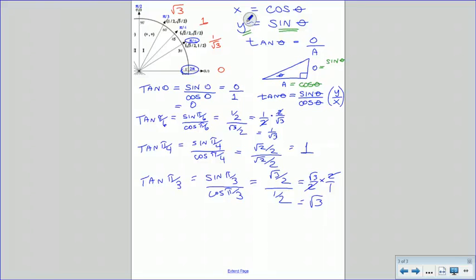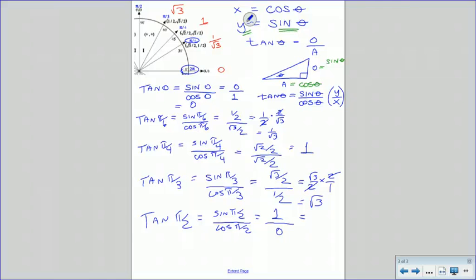Last one. Tangent of pi over 2 equals sine of pi over 2 over cosine of pi over 2. Sine of pi over 2 is 1. Cosine of pi over 2 is 0. If you divide by 0, folks, what do we know?